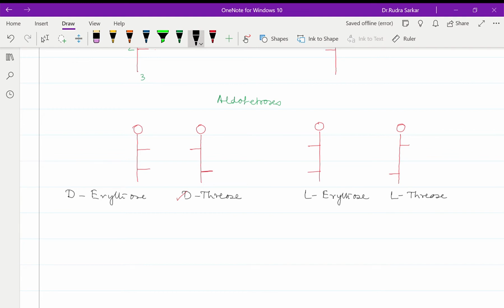Now, if you look carefully, aldotetroses have two such stereogenic centers, and the molecule is asymmetric.